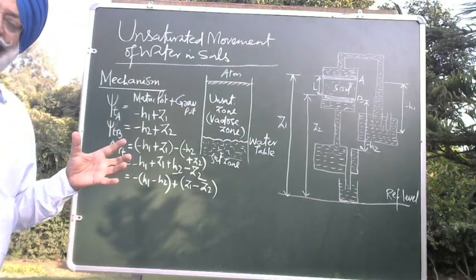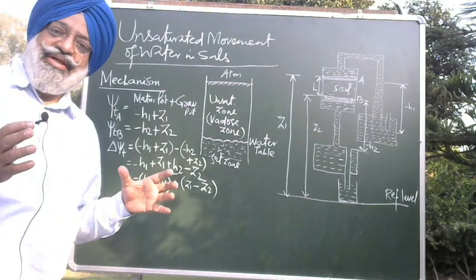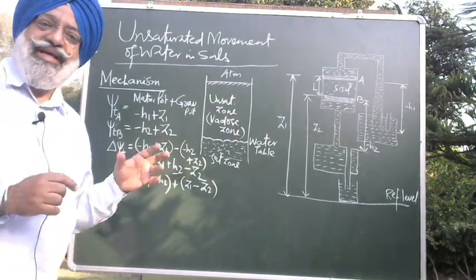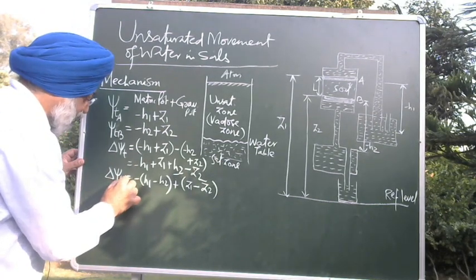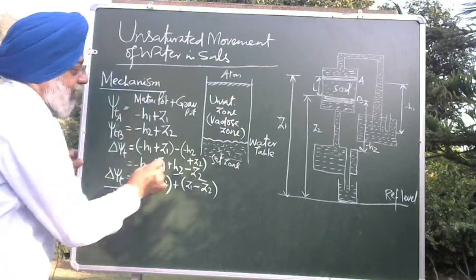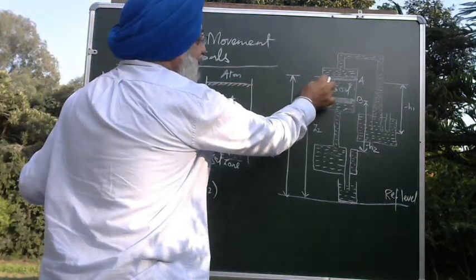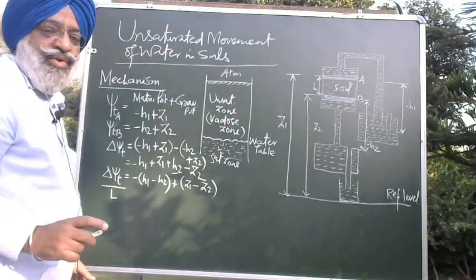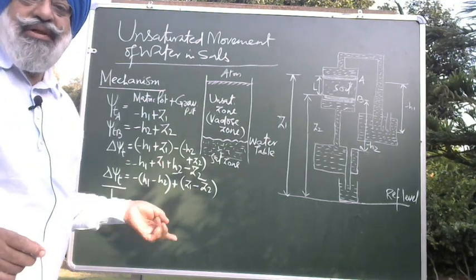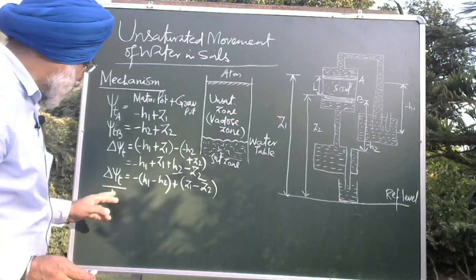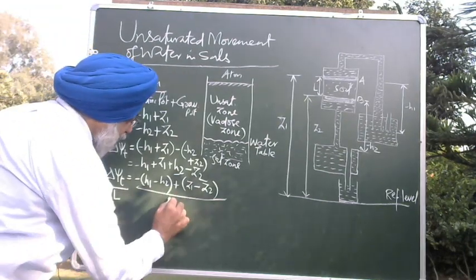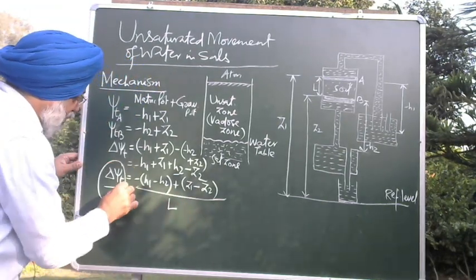So this is the difference in total soil water potential between the two points A and B, and if I divide this difference by L, where L is the distance between A and B, it becomes the difference in total soil water potential per unit length of the soil column. So this will become the hydraulic gradient.